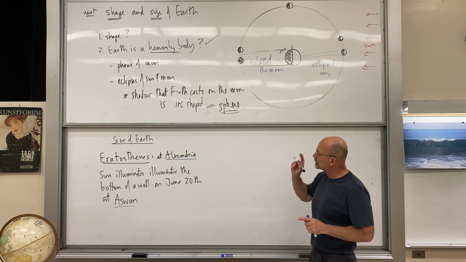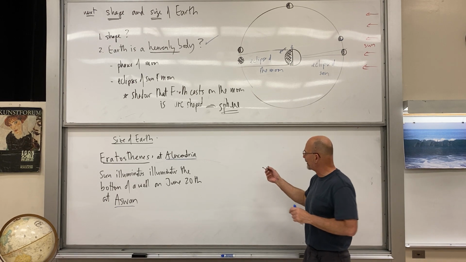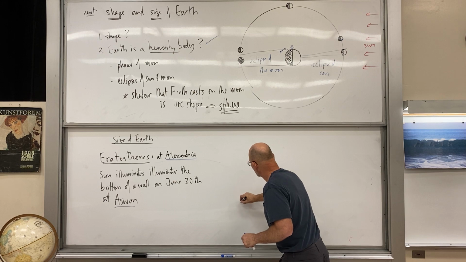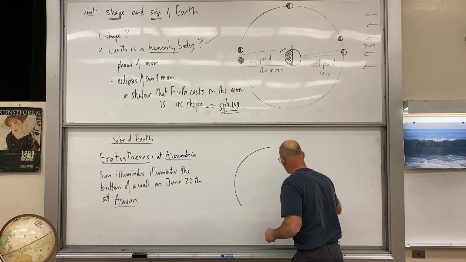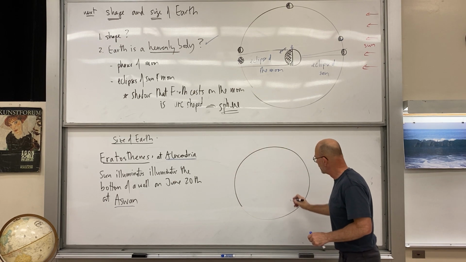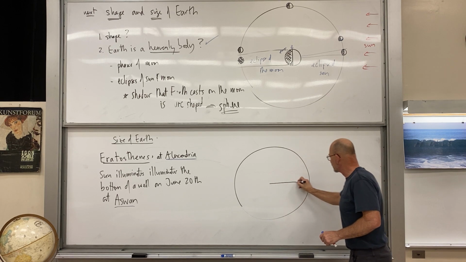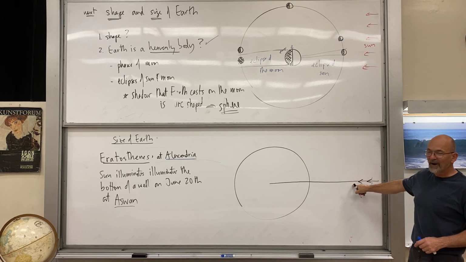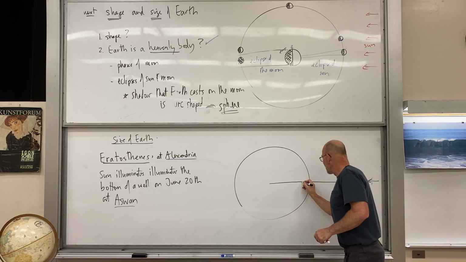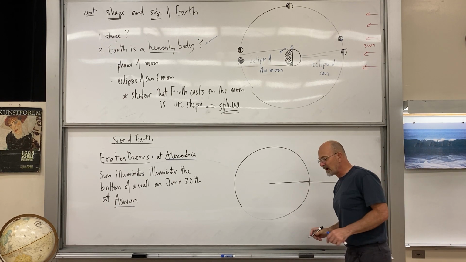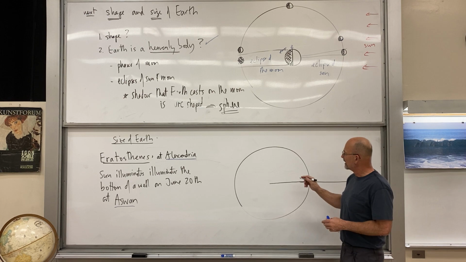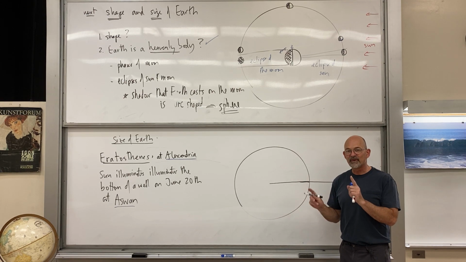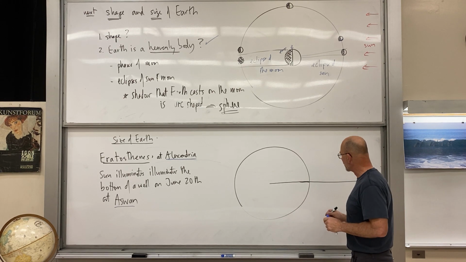Okay, so here's the construction that Eratosthenes made. So on our big circle, we're going to draw a straight line out. This represents the rays of the sun. And remember, if you're on a spherical Earth, the direction up is always away from the center of the Earth. Okay?